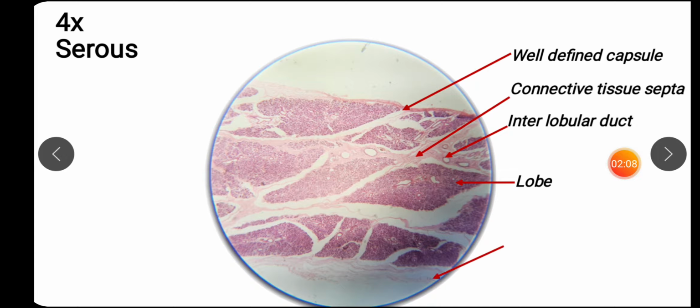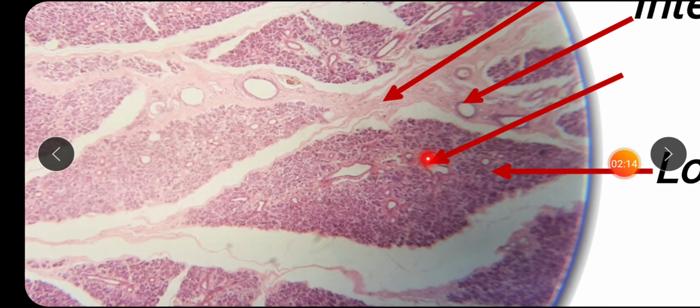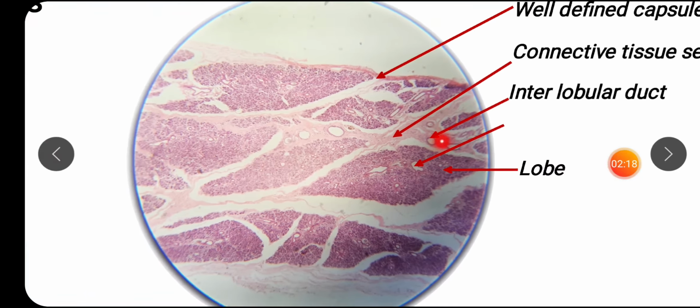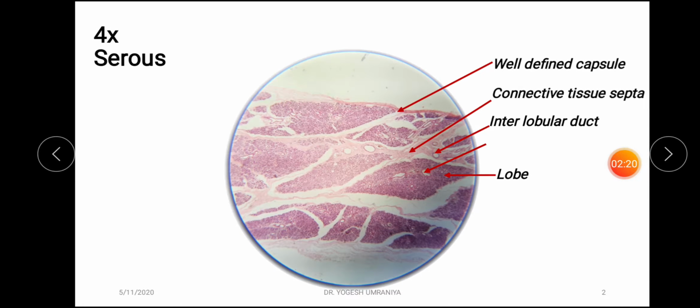Within this lobe again you will find the luminal structure. You can see here and here. This is again the duct present within the lobe, so that is termed as the intralobular duct.